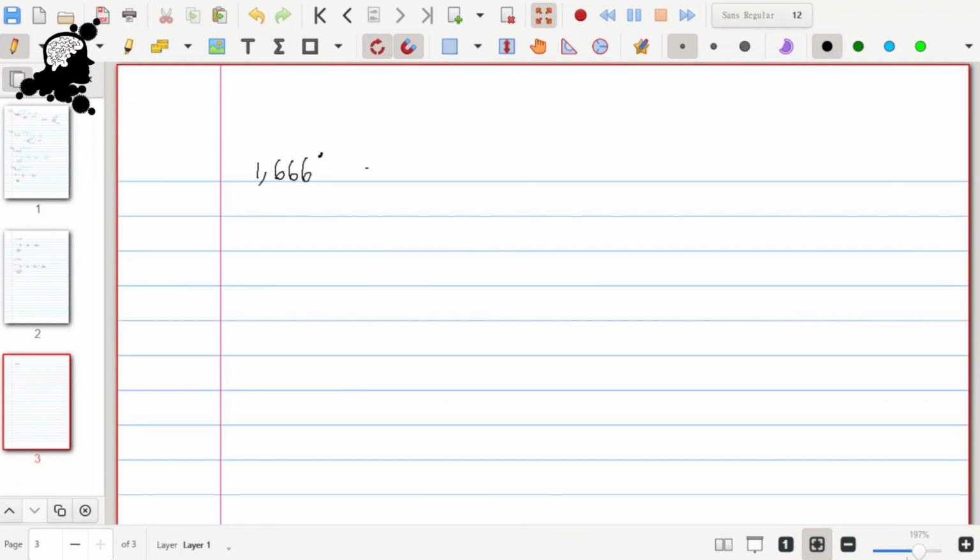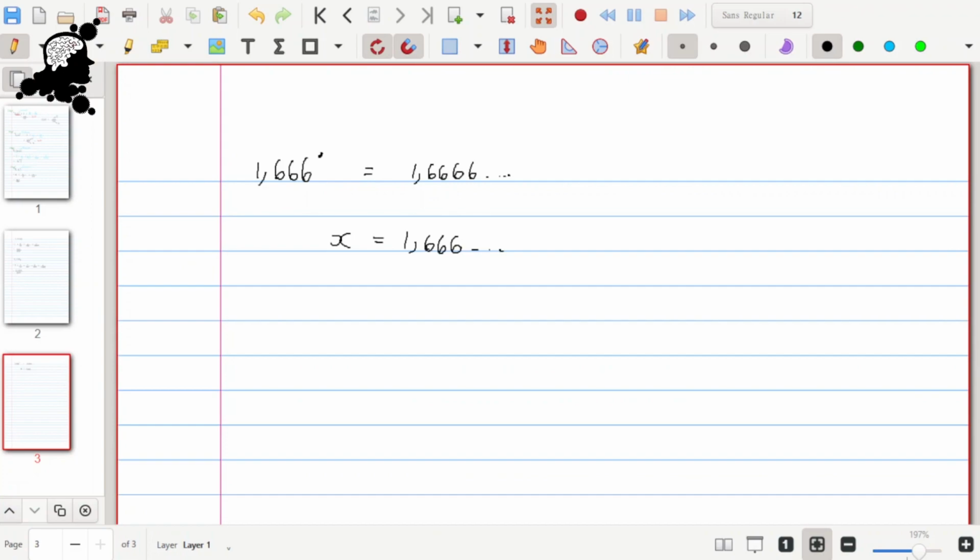I can write this as 1,6666 with an ellipsis. Now, the first step is I need to assign a variable to this. I'm going to say x is equal to 1,666 recurring.